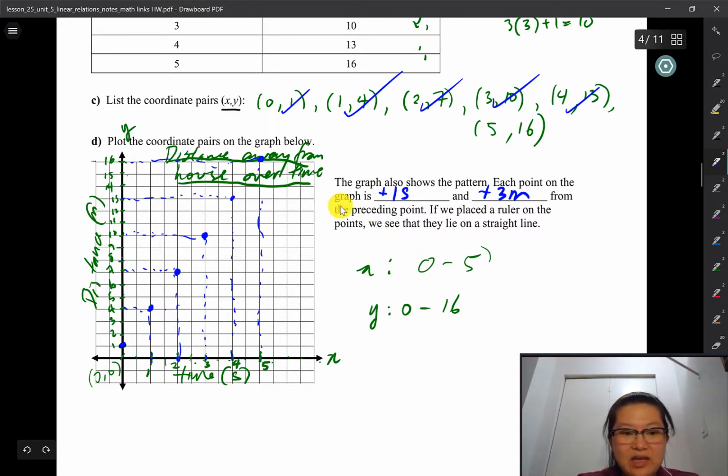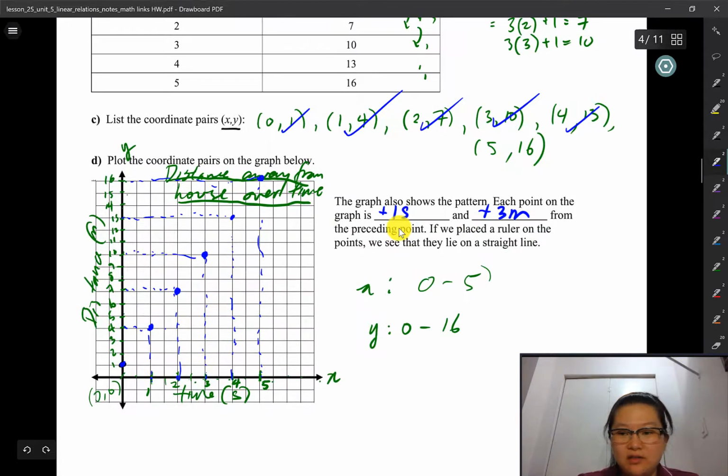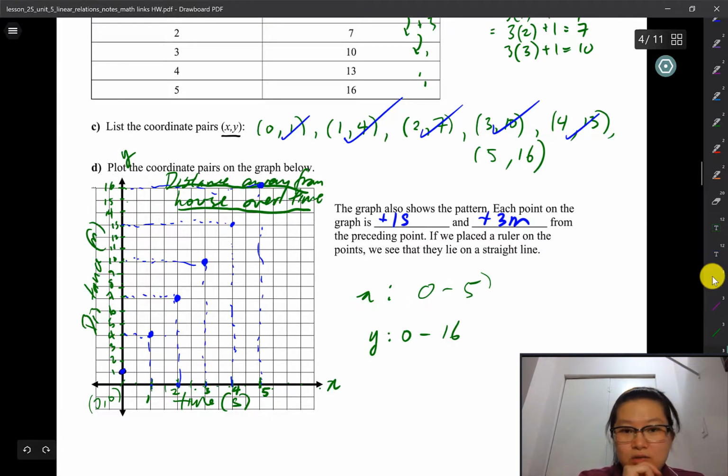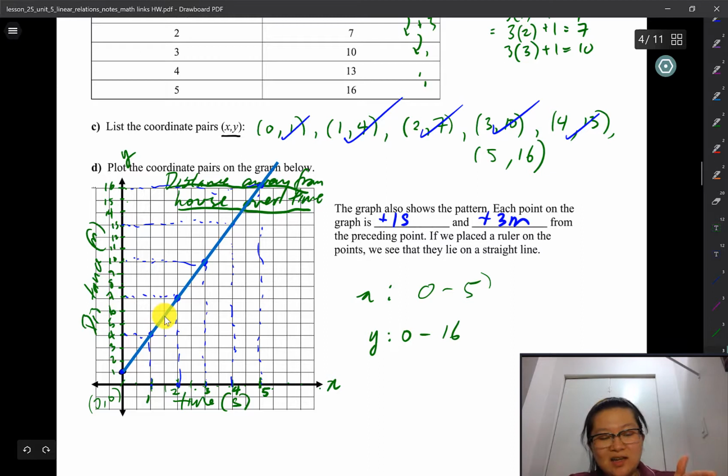Now, we could draw a line here because this is a continuous graph. I'm going to draw my line right now, okay? Because if I were somewhere, say, 1.5 seconds, I'm still moving in between 1 second and 2 seconds. I'm still moving away from my house.